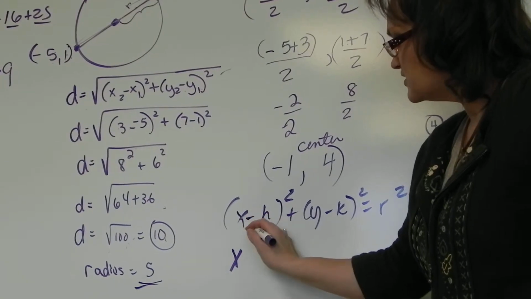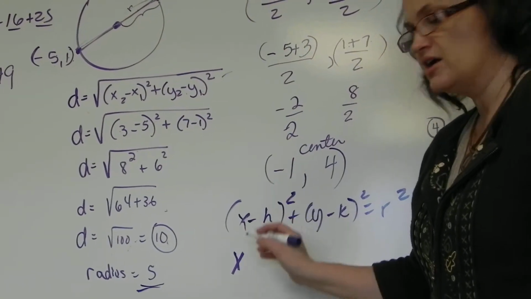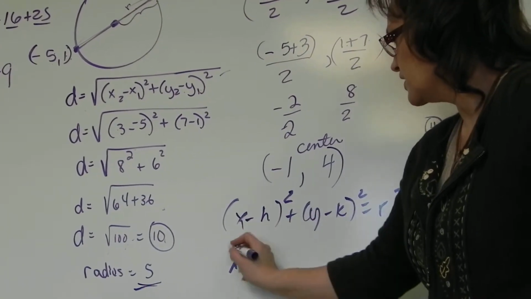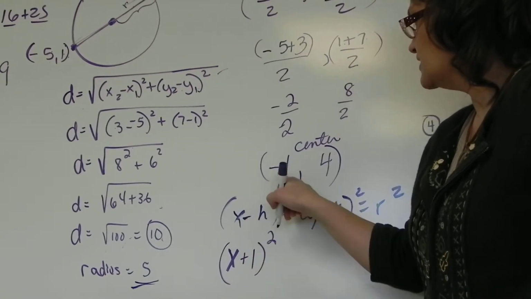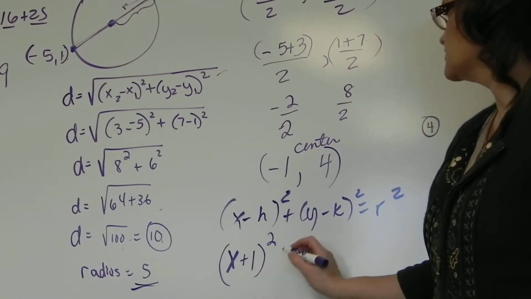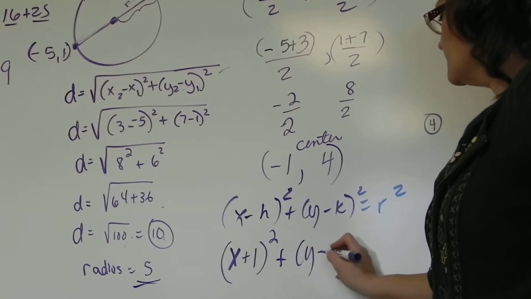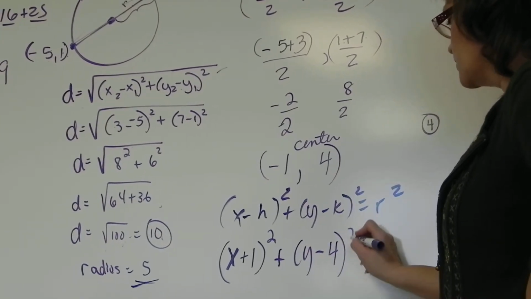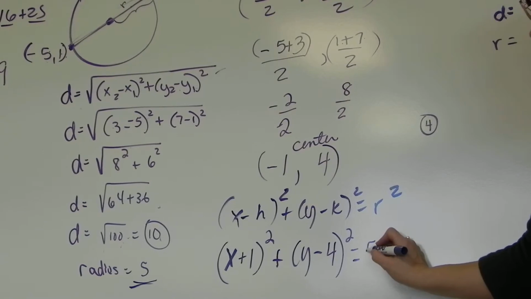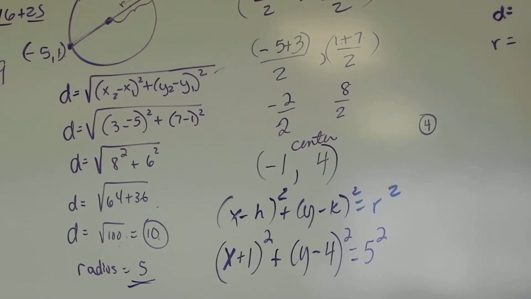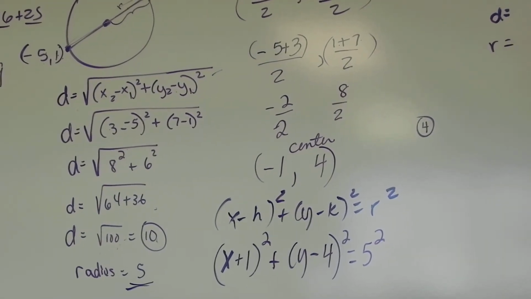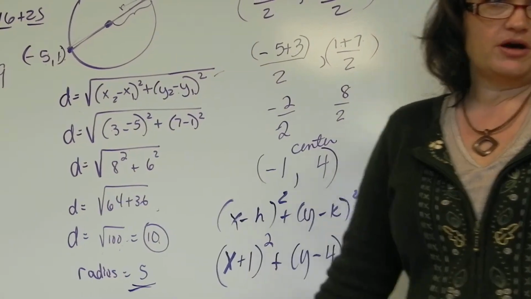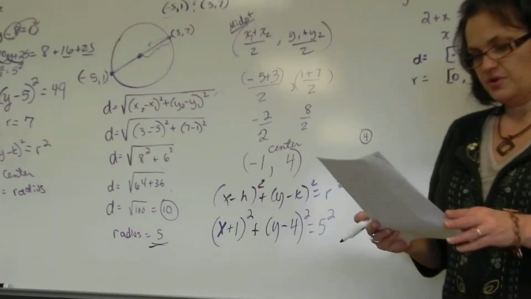The negative signs in the formula kind of change the sign of our centering, so it makes it plus 1 because of a negative sign and a negative on that, it becomes plus 1 squared. And then y minus, this is the k value, 4 squared equals the radius, which is 5 squared, or just 25. So some definite formulas to make note of that you do need to memorize if you haven't already.